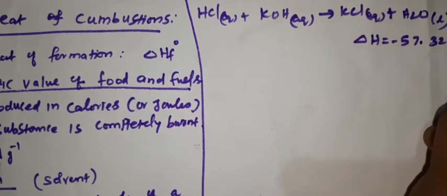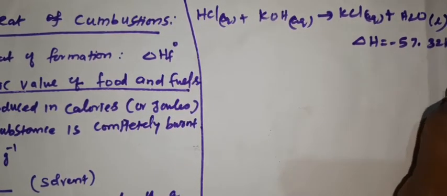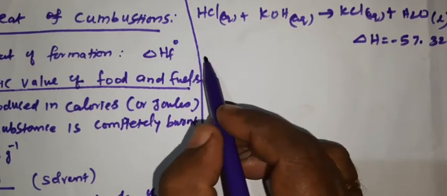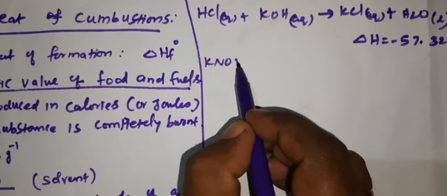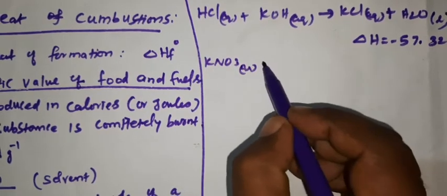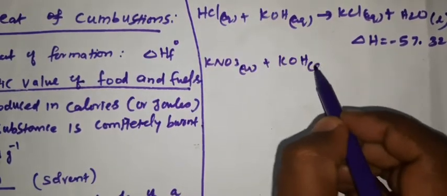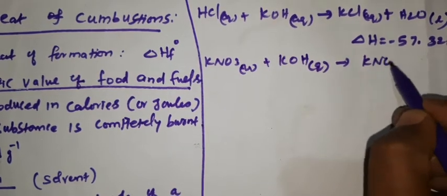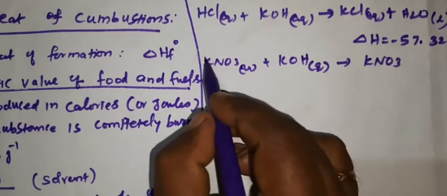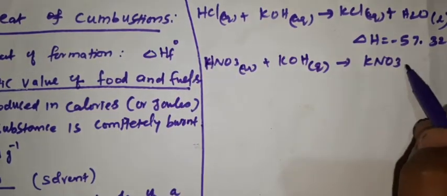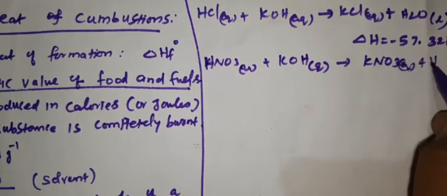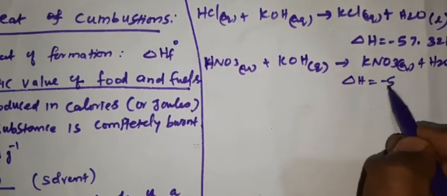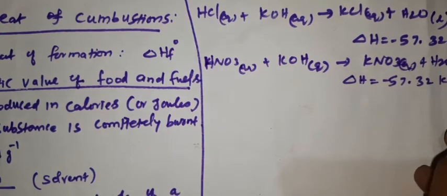Here, instead of HCl, we take nitric acid, HNO3, in aqueous form, plus KOH aqueous. We will get KNO3 aqueous plus H2O liquid. Here also the delta H value will be minus 57.32 kilojoules.